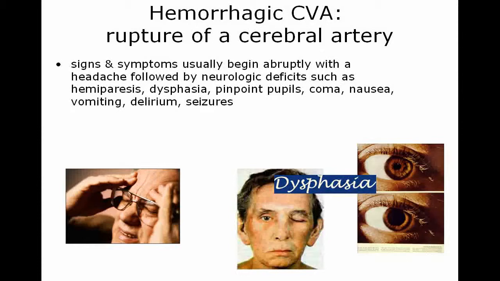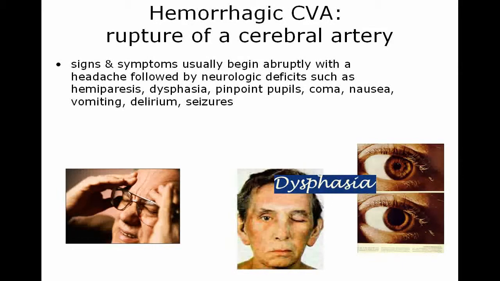Okay, when we talk about these symptoms occurring very abruptly, the person will have a sudden severe headache, and usually followed by some neurological deficit, usually on just one side of the body. Because if the stroke occurs on the right side, the left side of the body is affected. Stroke occurs on the left side of the brain, the right side of the body is affected.